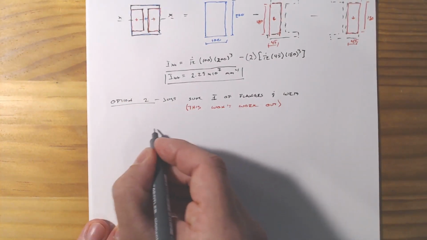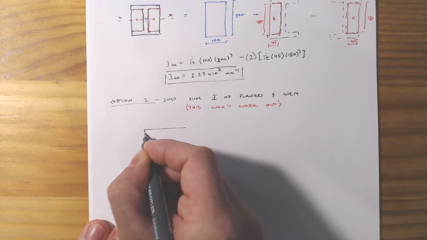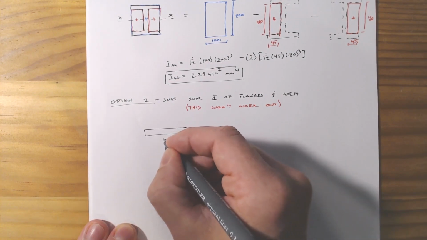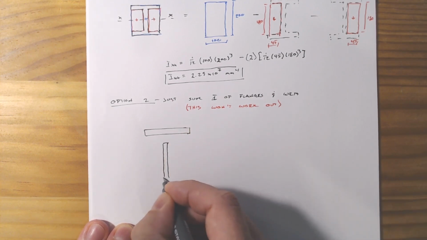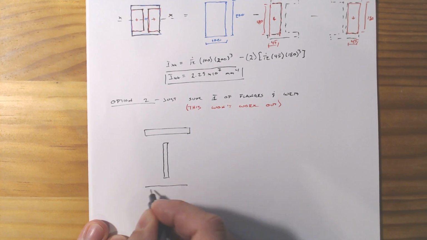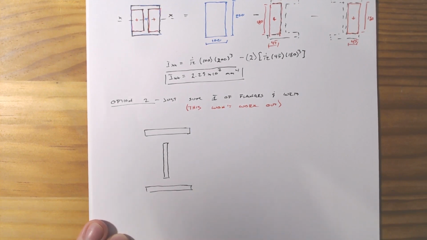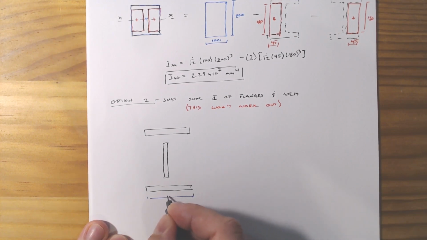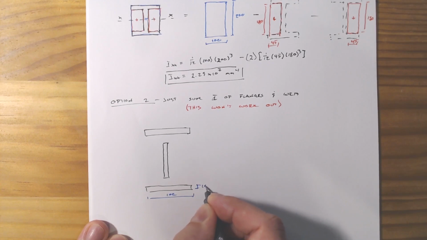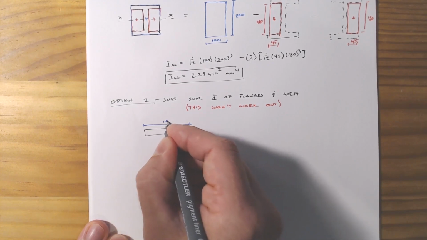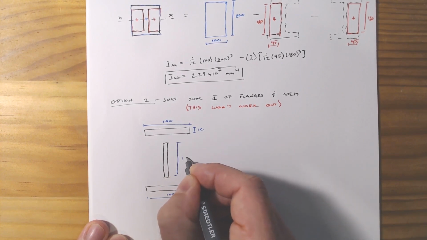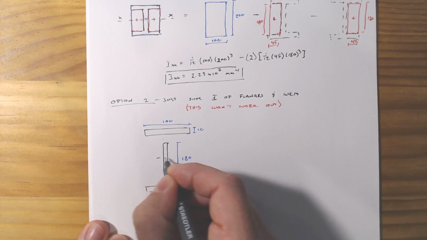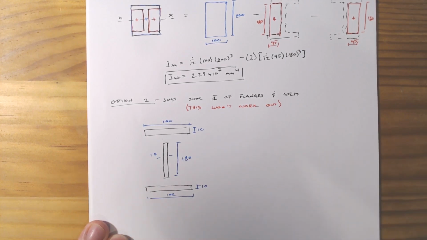So this would effectively be the top flange, the web, and the bottom flange. The flange is 100 wide, 10 thick, and the web is 180 long, 10 thick.